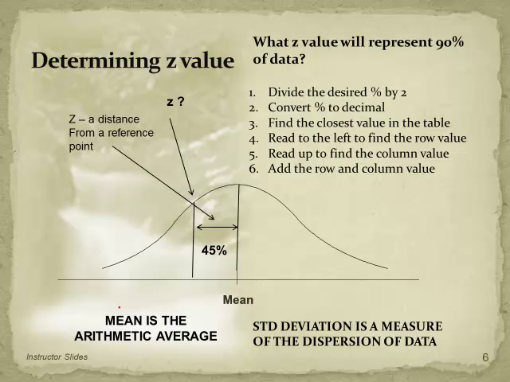So now we have a row z-value, we have a column z-value, and we're just going to add these two z-values together. And once we've added them together, then that will be the z-value that would represent 90%, or whatever percent is given. So it will be plus z, which would be the right-hand side of the data, and minus z, which will be the left-hand side of the data.